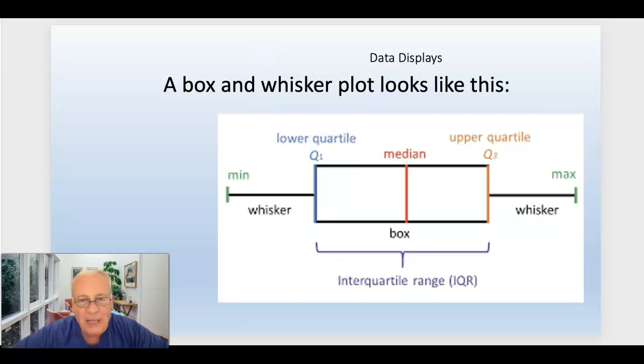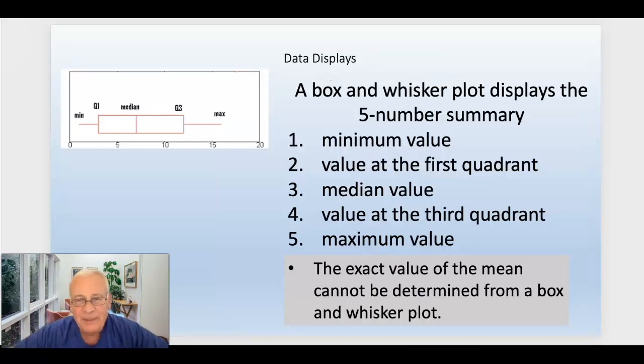A box and whisker plot, we've talked about it. It looks like that: a box with two whiskers on the side. It displays the 5-number summary. We talked about this, so I'm not going to go through it all. But the exact value of the mean, the average, cannot necessarily be determined by a box and whisker plot unless it's perfectly symmetric.